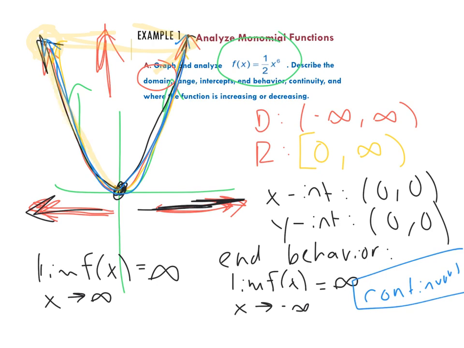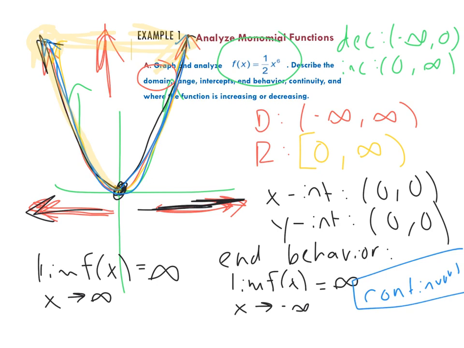Now, a lot of people see these arrows up here and think, oh, okay, well, it's going up. No, when we read it left to right, it's actually moving down. So we could say that the function is decreasing from the interval of negative infinity to 0, which is right here, and then it's increasing from 0 to positive infinity.